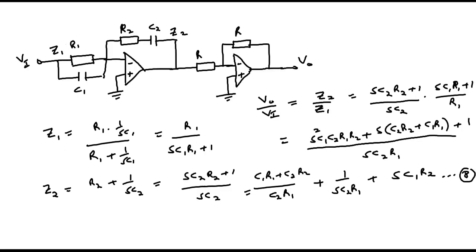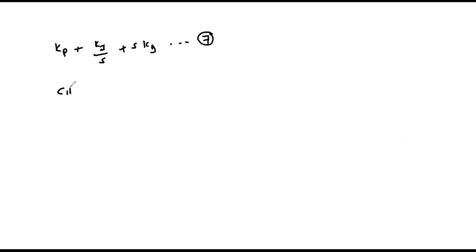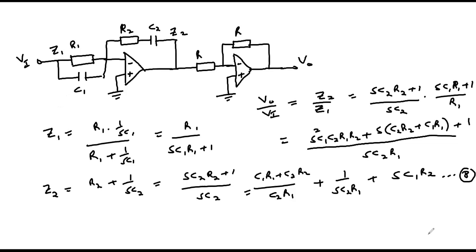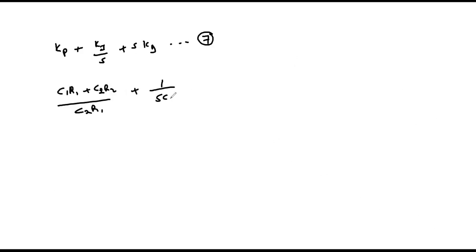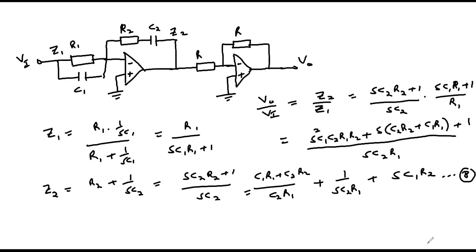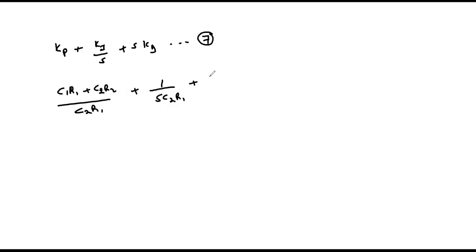Then equation 8 is obtained as C1 R1 plus C2 R2 over C2 R1, plus 1 over SC2 R1, plus S C1 R2. This is our equation 8.